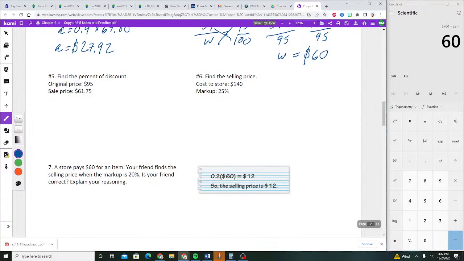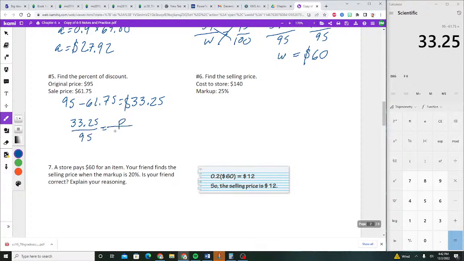Find the percent of discount. So we're going to go 95 minus 61.75. 95 minus 61.75 gives us $33.25. And so we're looking at $33.25 compared to 95, the original price.